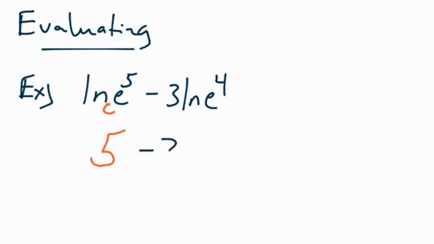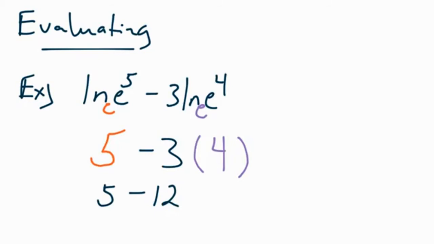And over here, we're just able to ask ourselves e to what power is going to equal e to the 4th power. And we could say that that would be that 4th power. And so I'm kind of doing the order of operations here. I'm figuring out the value of the logs so that I can then, of course, subtract those subsequent values. So we could say that the final answer here is negative 7.